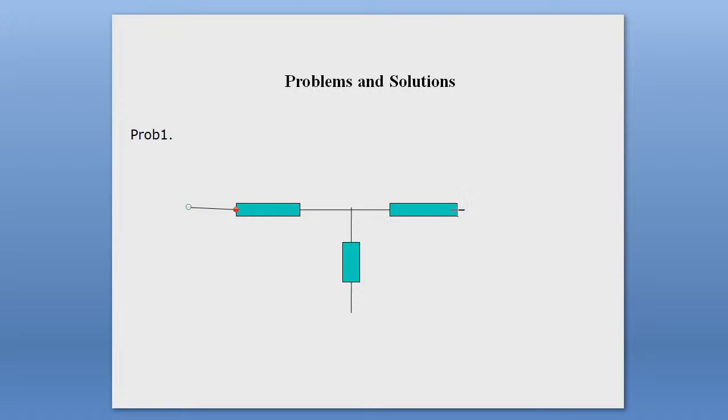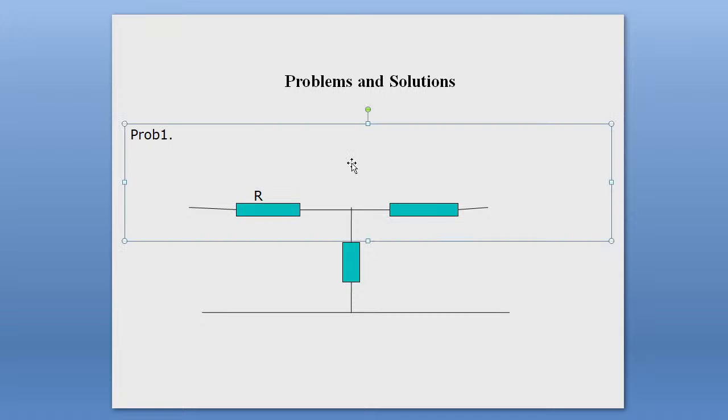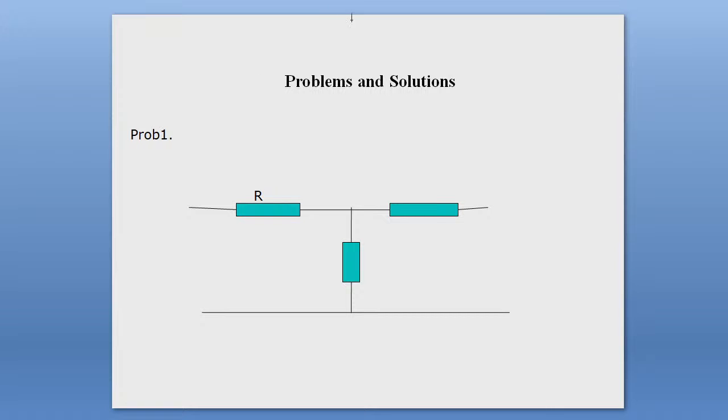So a total of 4 terminals, 1, 1 dash, 2, 2 dash, and the resistance value is R. All values are the same, R. This one also R, and this one also R.